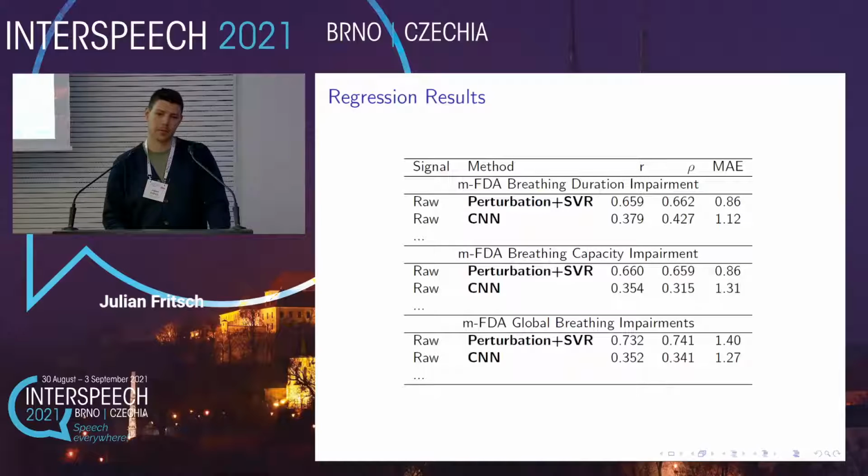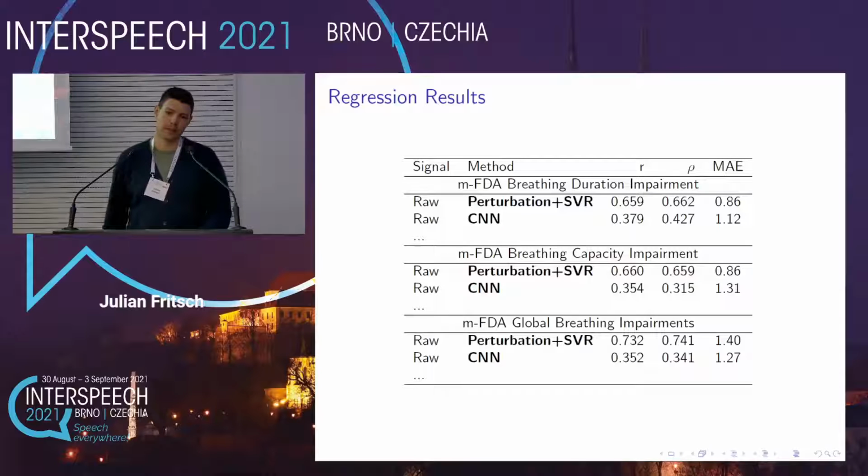We observe a correlation of 0.65 in the case of breathing duration, and similarly for the breathing capacity. However, this time only the vanilla raw waveforms were good enough. And in the case of the global breathing impairment, again, the perturbation features work best with a correlation of 0.7734.